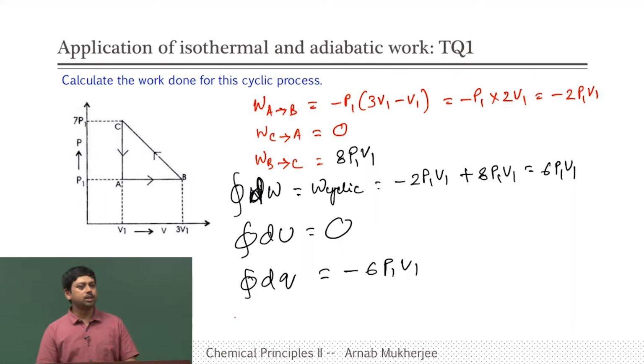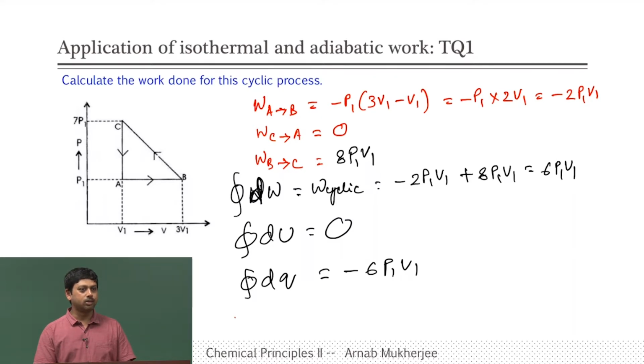It is not always easy to calculate the heat change, okay, because the heat change formula we know is either C V dT or C p dT. Constant pressure process we have only one here, which is going from A to B, and there is a constant volume process also, C to A, that is also fine, but for A to C, we will not be able to calculate, because it is neither a constant pressure process, nor a constant volume process, nor an adiabatic process, nor an isothermal process.